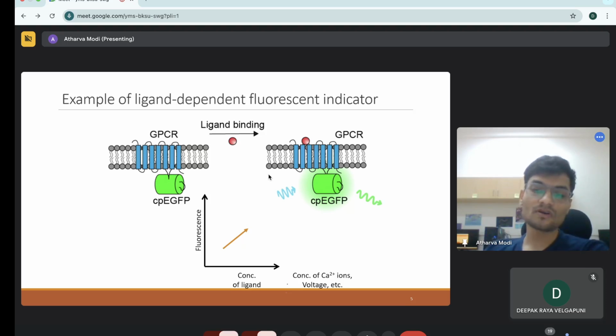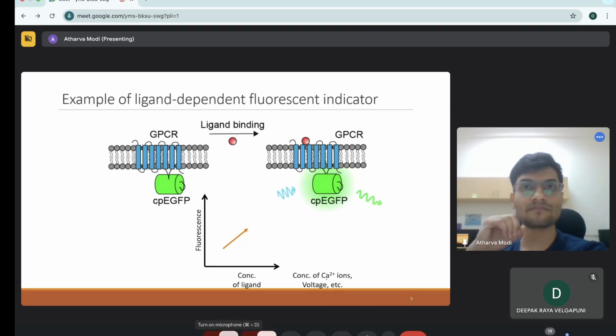So now we know that when an action potential occurs inside a cell, the calcium ions increase very rapidly inside the cell, from the extracellular space and from intracellular stores like vesicles, which also release calcium ions inside the cytoplasm.